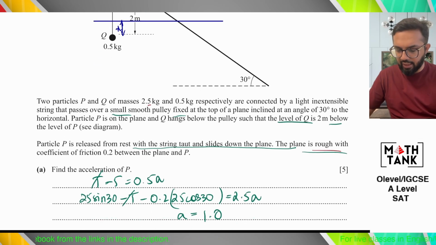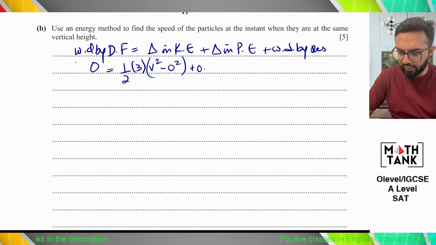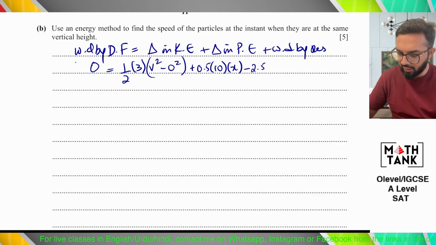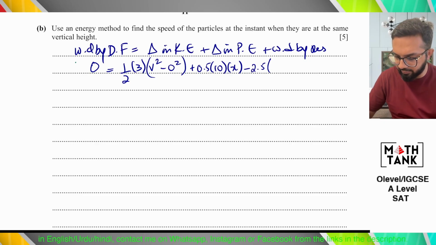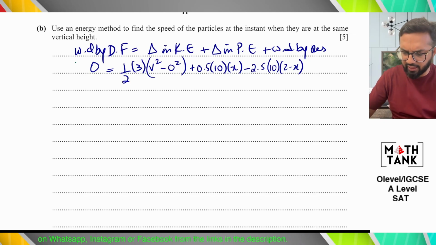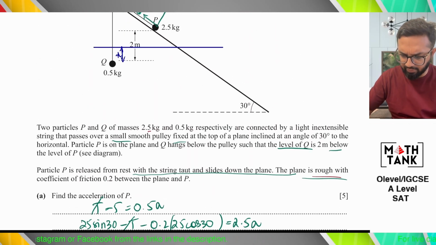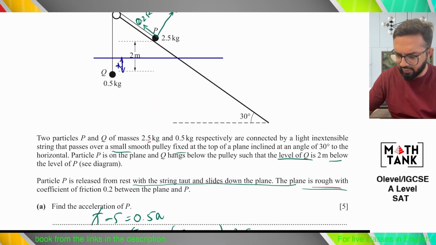Let's assume that Q is going up, so that's 0.5 into 10 into x. Q is going down, 2.5 and 10, and it's going down by a distance of 2 minus x. That is what I can be sure of.